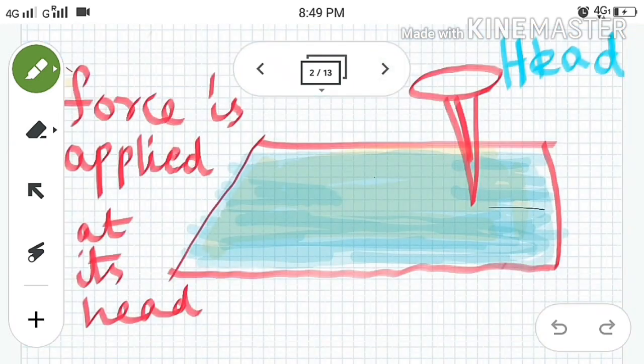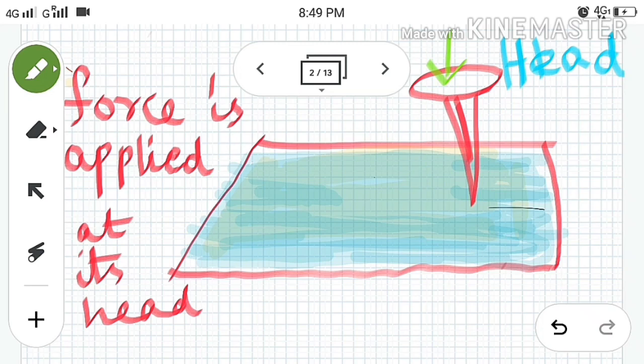As an example, consider a surface on which a force can be applied. Then try to place a nail on this surface. Suppose I want to fix this nail on this surface, then what should I do? Yes, we need to apply a force. Where? On the head of this nail. When we apply a force at this head, where does the force act? On the surface.